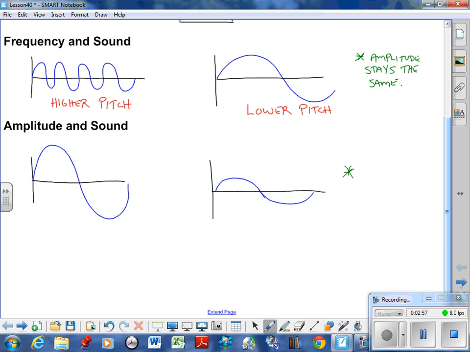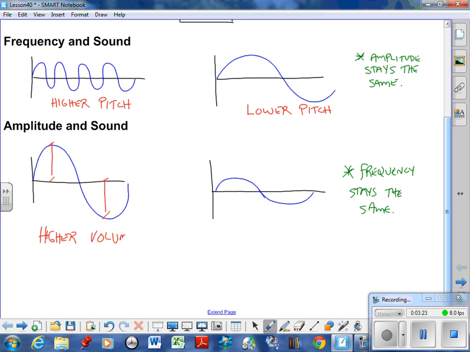So this time, frequency stays the same. And what happens is an increase in amplitude, okay, resulting in more energy being input, results in a higher volume.